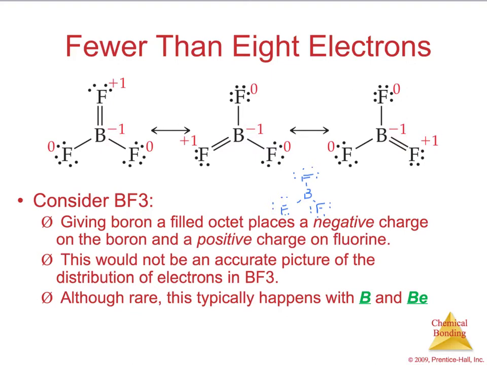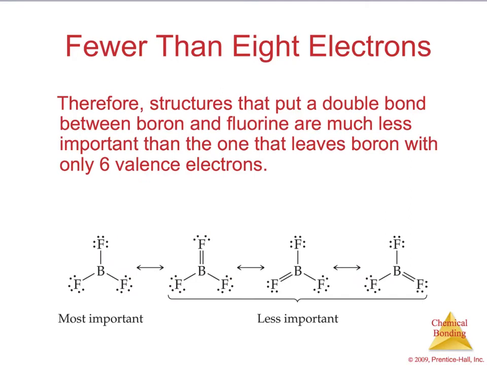Now for drawing sakes, if you do end up having to draw it, although these are resonance structures, this right here is typically how we would draw a Lewis structure for boron trifluoride. And that's just reiterated right here in this slide.